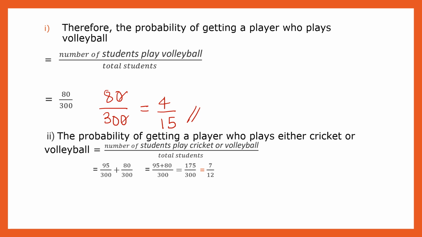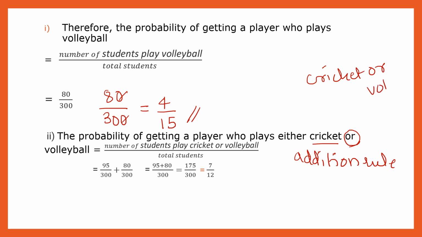What does the addition rule say? The addition rule says if there is the word or in between two events. The first event is a student who plays cricket or a student who plays volleyball. So we have the word or in between. So what do we have to do? Find the probability of cricket as well as volleyball, and by the addition rule we have to add both of them.